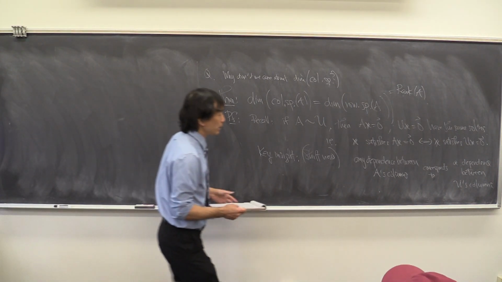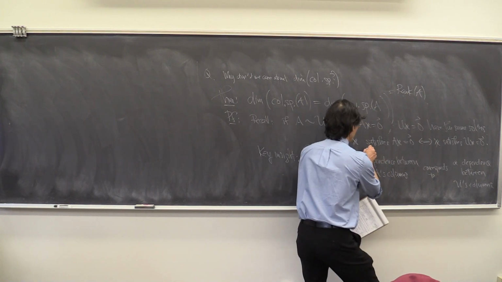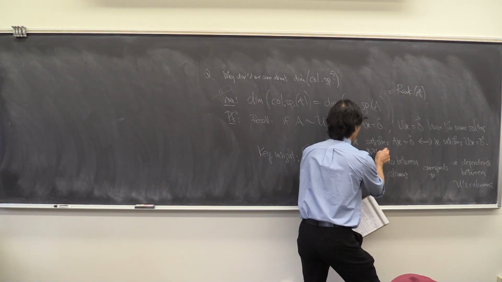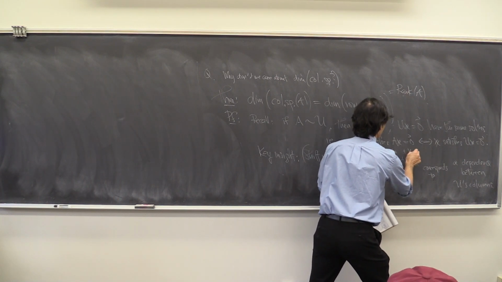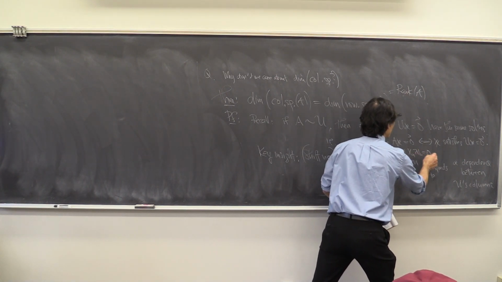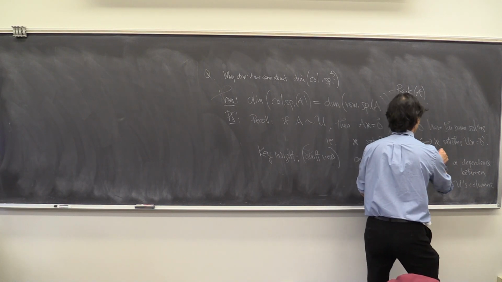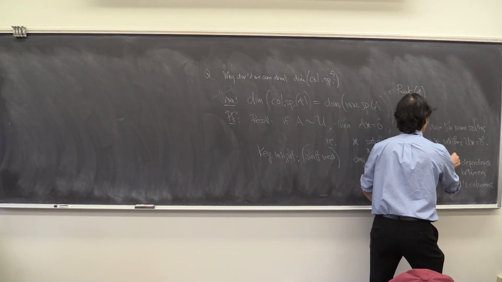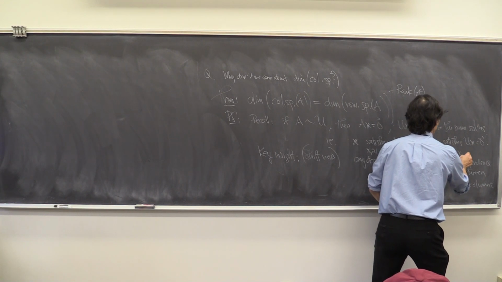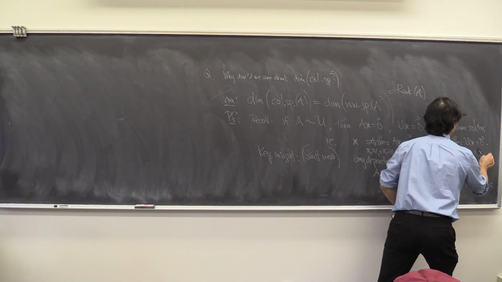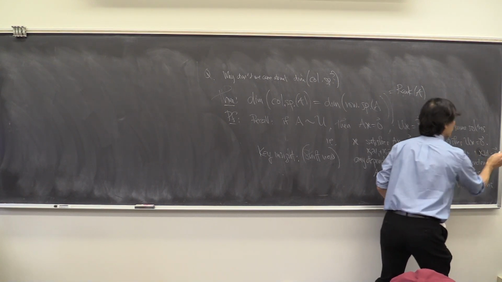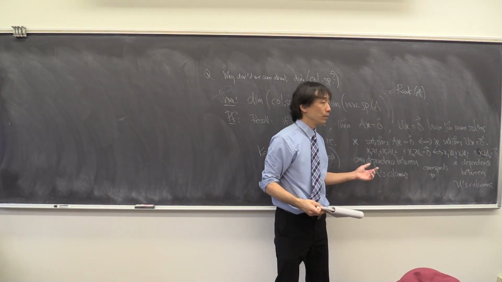Because what that says is that x1a1 plus x2a2 plus ... plus xnan equals 0, the zero vector, if and only if x1u1 plus x2u2 plus ... plus xnun equals 0.